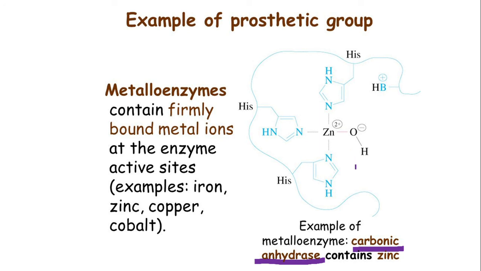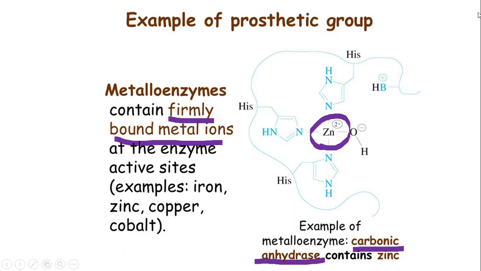And carbonic anhydrase is one of the fastest enzymes known to us. It is a zinc enzyme because it contains a firmly bound metal ion. Which ion? Zinc. In this case, it is zinc ion as the prosthetic group. Okay, only this much.